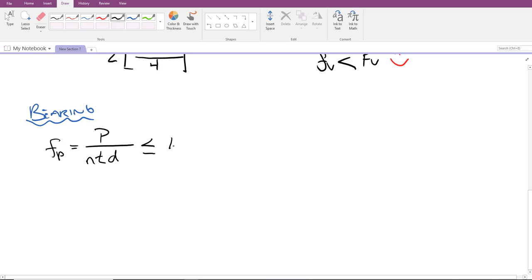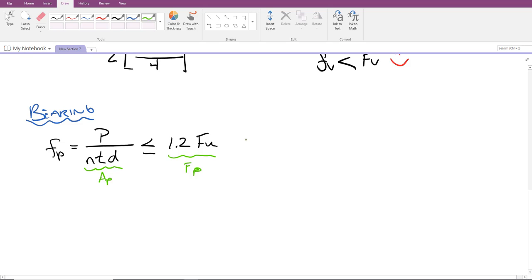I'm going to substitute what that value is. If you recall, it was an equation that we had to calculate. This one right here was the area for bearing, and this one right here was the allowable bearing stress. Again, you can go back and look that up if you need to.